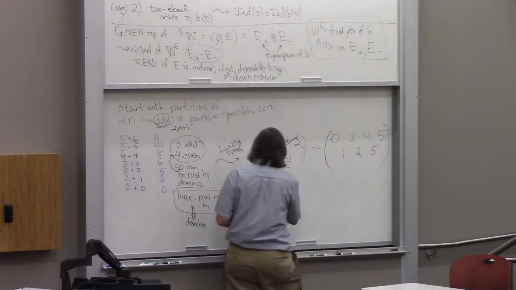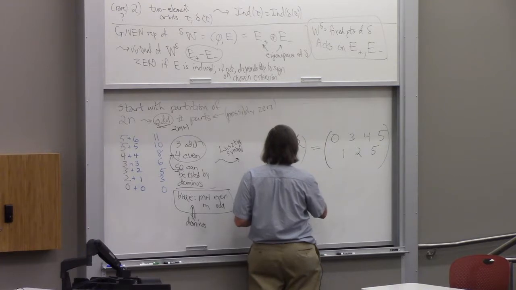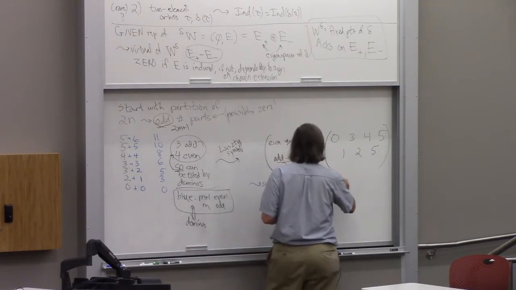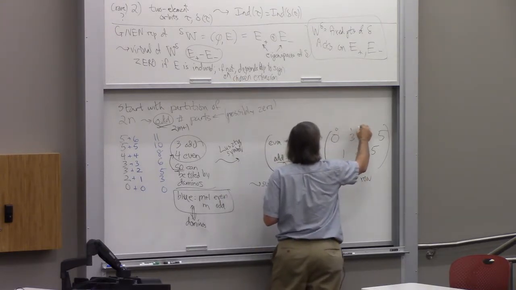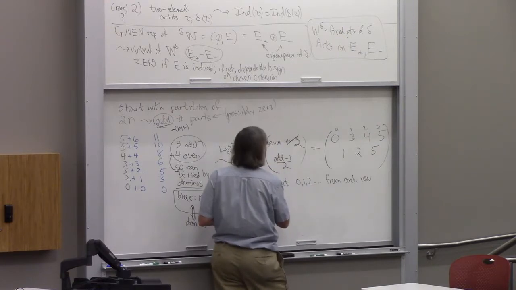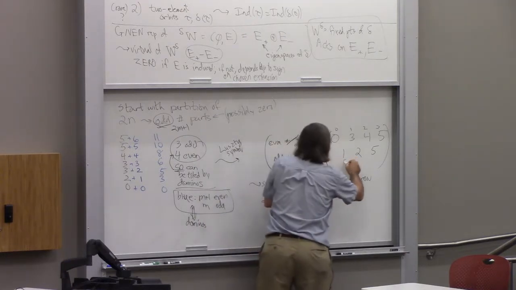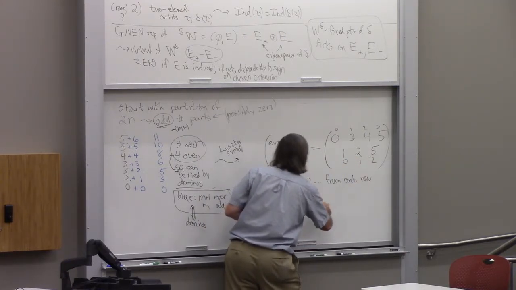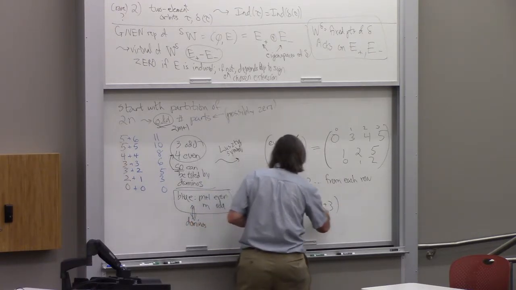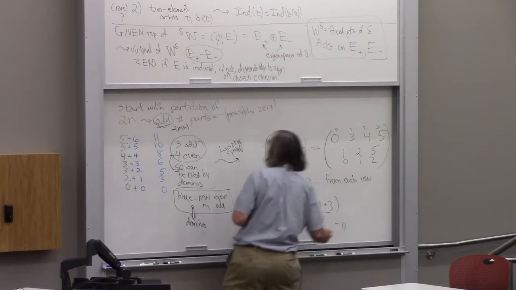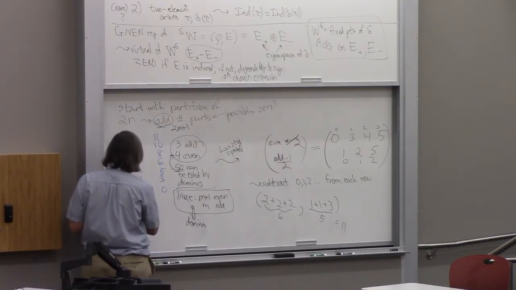And now you subtract 0, 1, 2 from each row, and you get 0, 1, 2, 3 in the first row, and 0, 1, 2, 1 in the second. These add up to 6, and these add up to 5, which is 11. So n was 11.